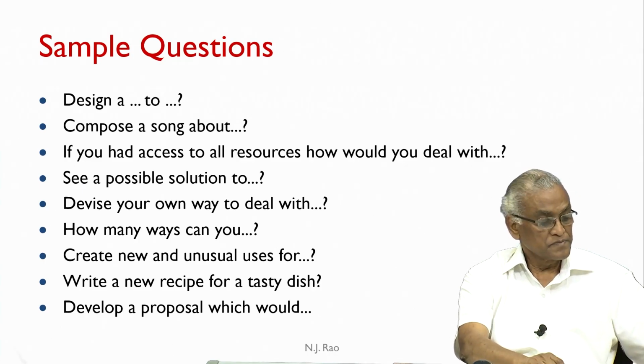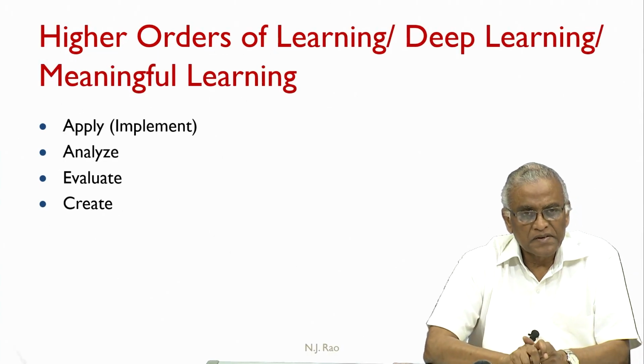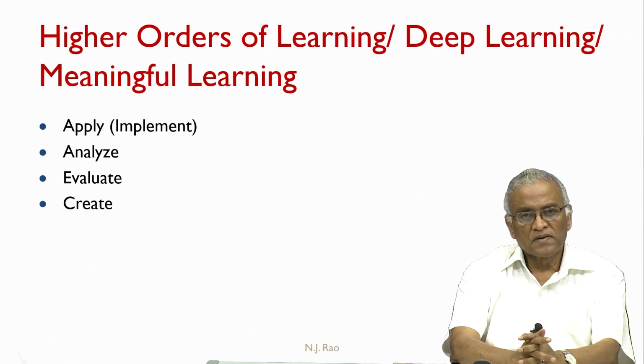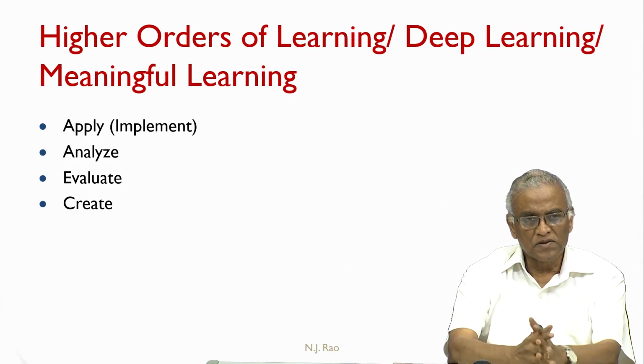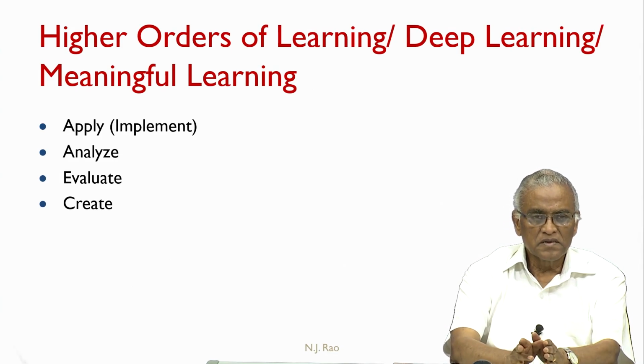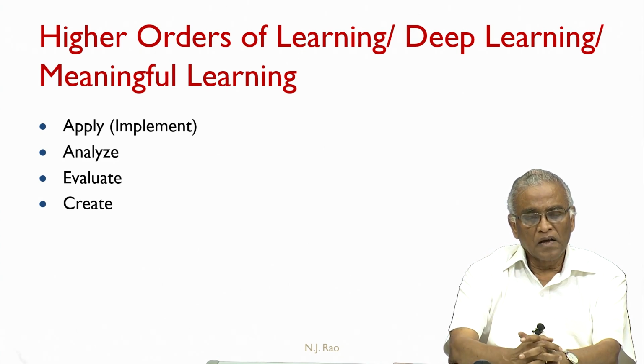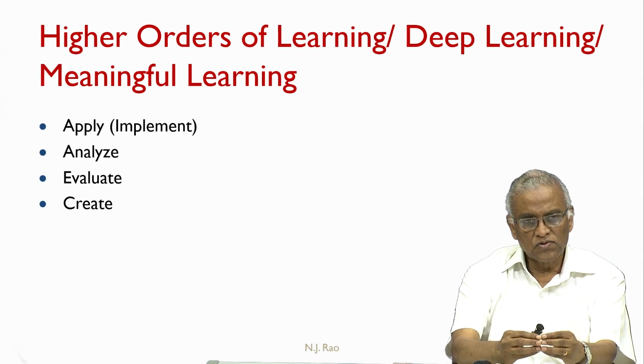Okay. Now, we looked at all these 6 cognitive levels, but people also use what are called higher orders of learning, deep learning or meaningful learning. All of them are used in different contexts, but also approximately meaning the same thing. What it means, higher orders of learning, from, as we said, apply has two sub processes, execute and implement.